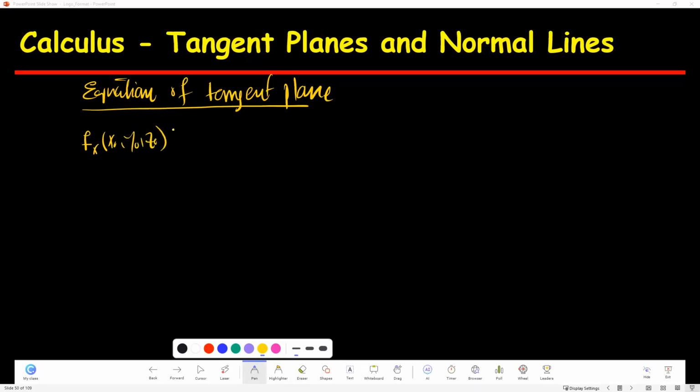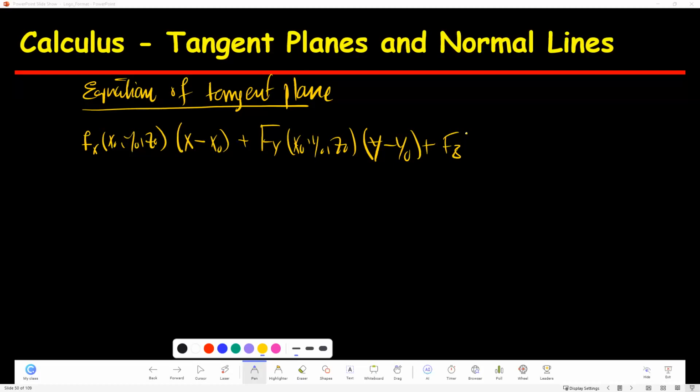In these equations, you should not be substituting these values. Let me just finish writing this. And y minus y naught plus fz at x naught, y naught, z naught. And this one is z minus z naught equal to 0.